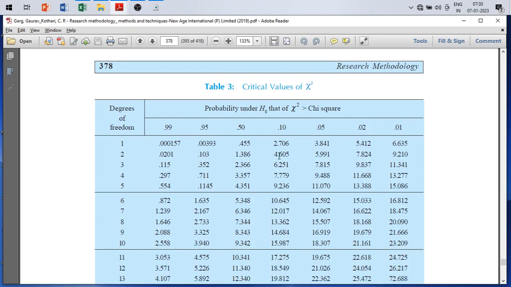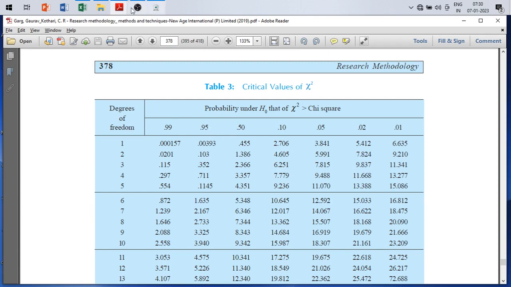In Table 3, you see it gives critical values of chi-square, and the first column is degrees of freedom, and then it gives you 0.99, 0.95, 0.50, which are related to the area.